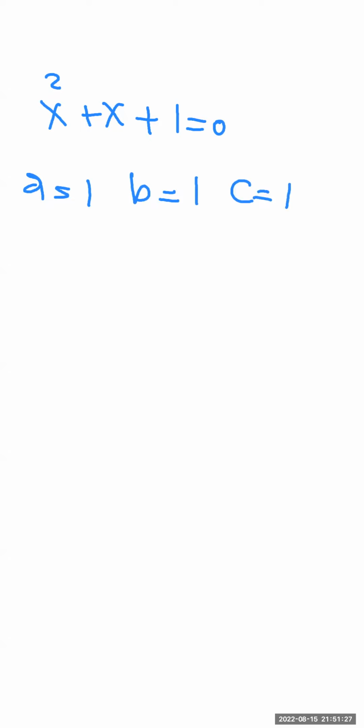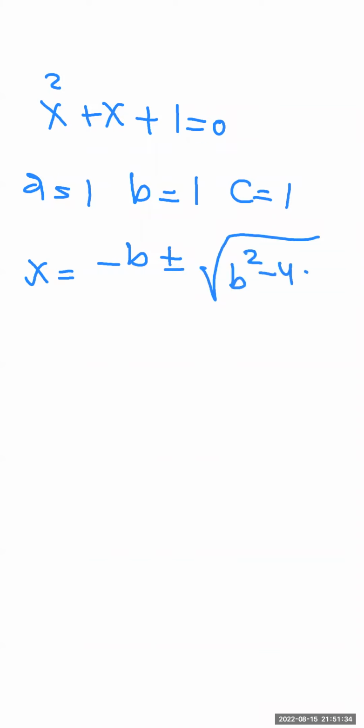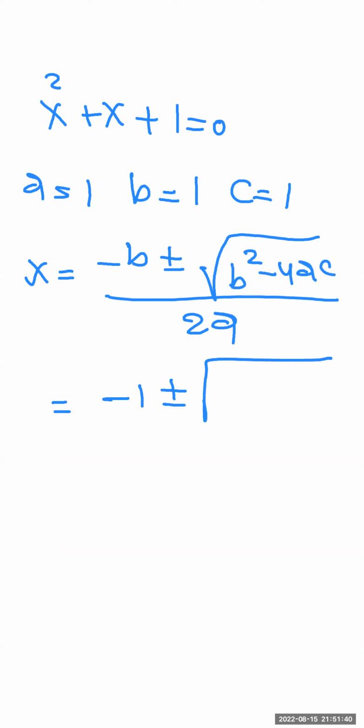Then the rule: x equals negative b plus or minus square root of b squared minus 4ac over 2a. Negative 1 plus or minus square root of 1 squared, which means 1, minus 4ac: 4 times a, which is 1, times c, also 1. 4 times 1 times 1 means 4, over 2a, which means 2.